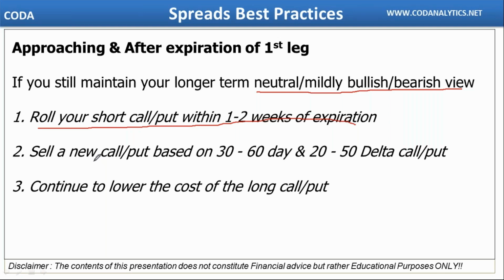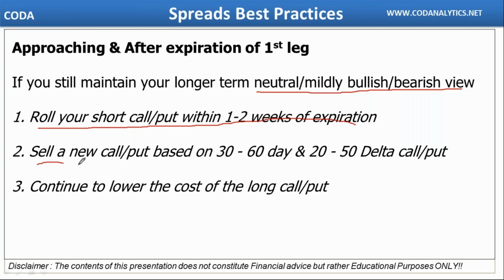If you're getting to the expiration, or it's already expired, and you still have that view that the stock is neutral to mildly bullish or bearish, then you can go ahead and roll your short call or put within 1 to 2 weeks of expiration.